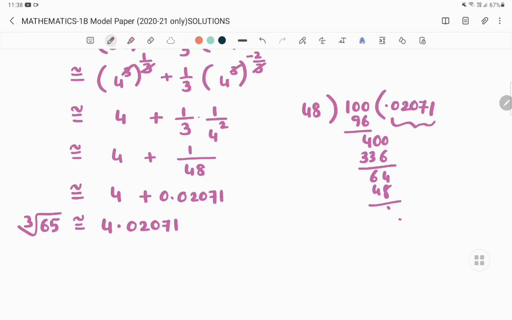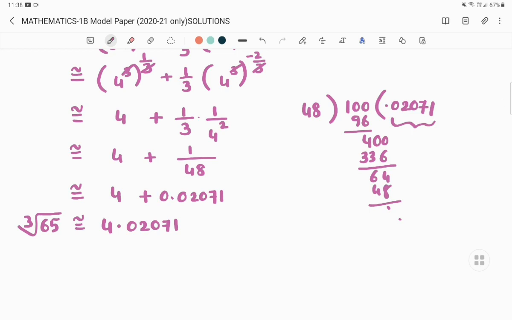This is enough. Sometimes they will ask for the answer up to 4 decimals, in that way they will ask sometimes. Even 0.0208 also we can write. Why?